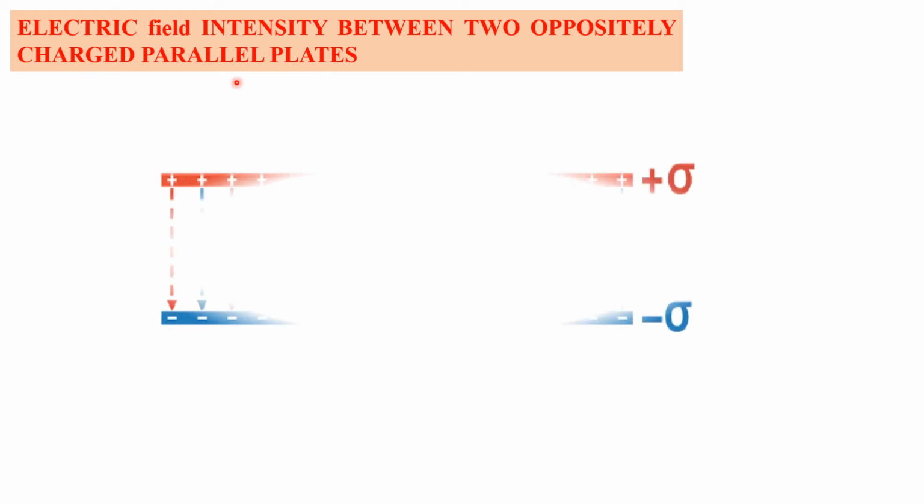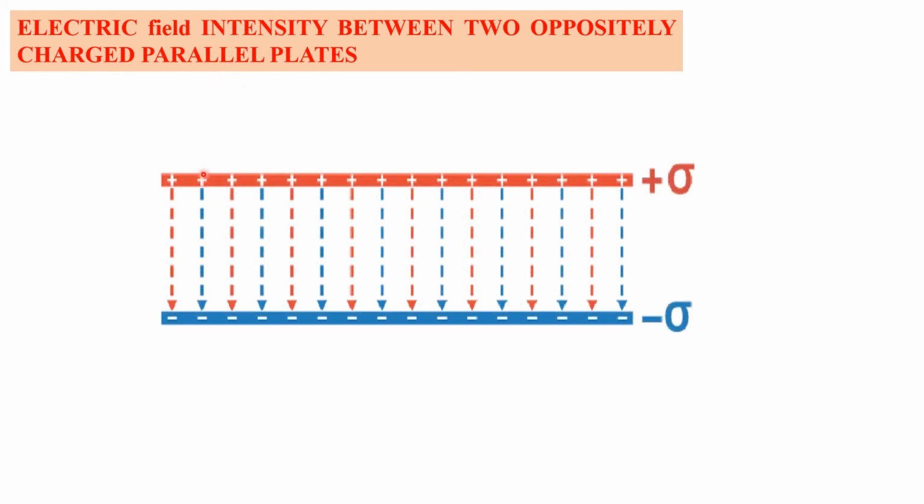Third application of Gauss law: electric field intensity between two oppositely charged parallel plates. Here in this figure we have taken two parallel plates. One plate is positively charged, having plus sigma surface charge density, and another plate is negatively charged, having minus sigma surface charge density.